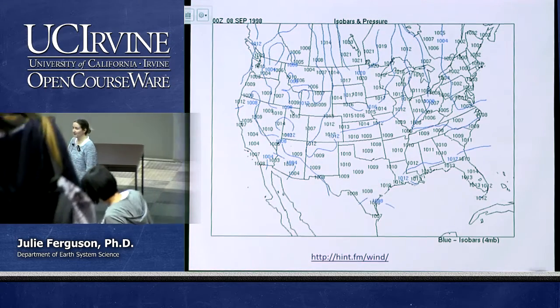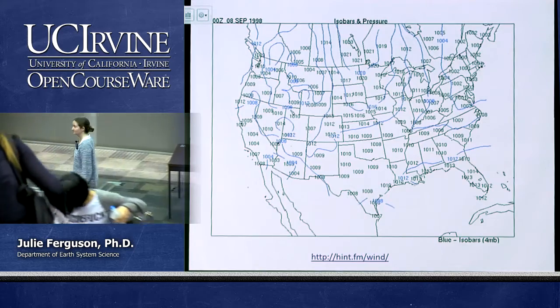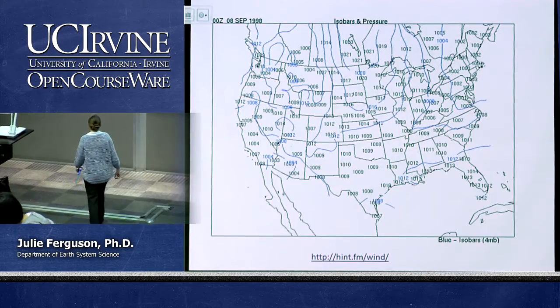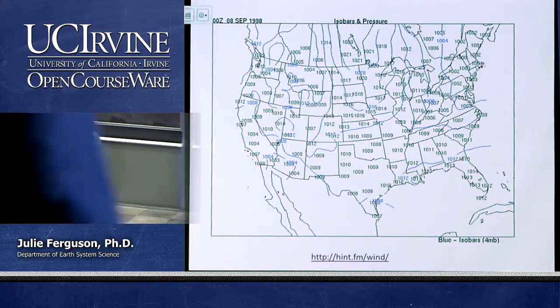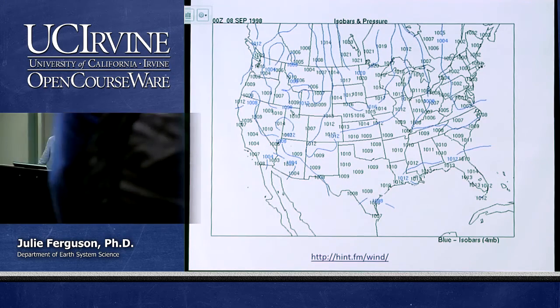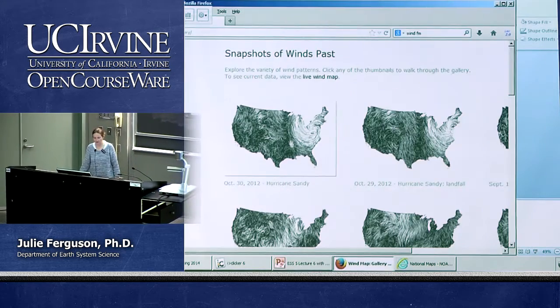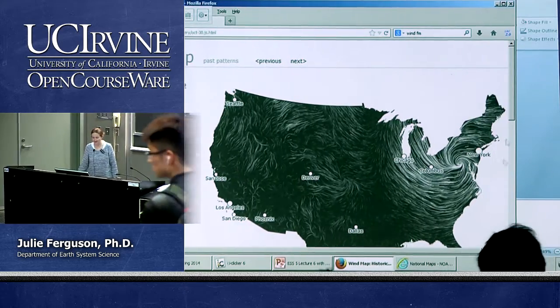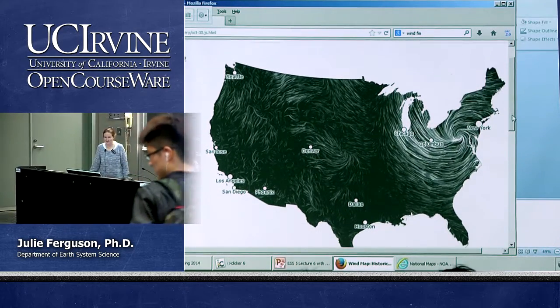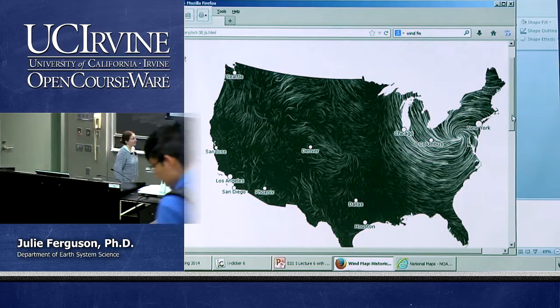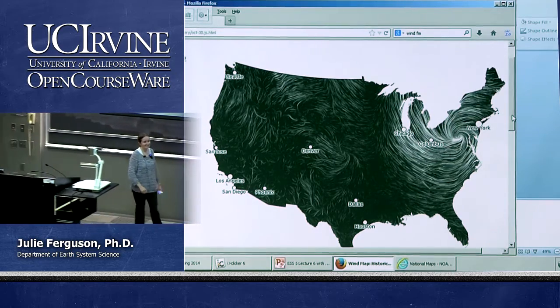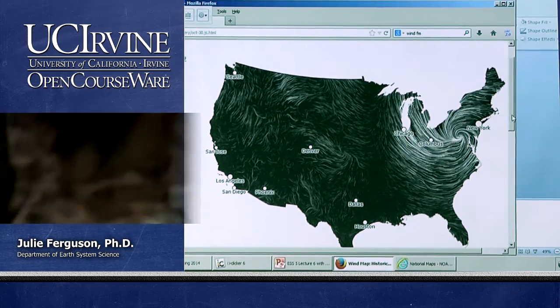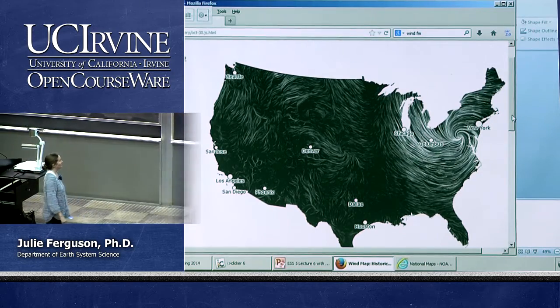So this is what you're going to do. You're going to get a piece of paper that looks very much like this, and what you're going to turn it into in your head, hopefully, is something that looks a little bit more like this. Okay? So this isn't today's, because I'm not going to give you the answers. But this is what the winds looked like during Hurricane Sandy when it came ashore in New York. And you can see how strong those winds are.